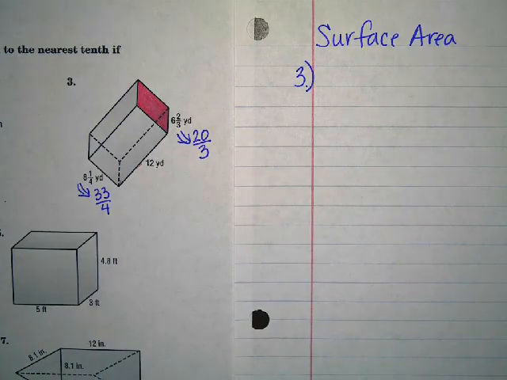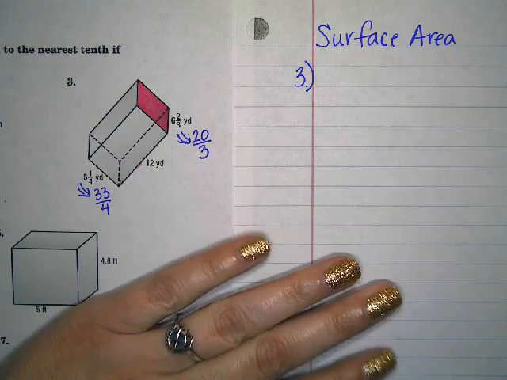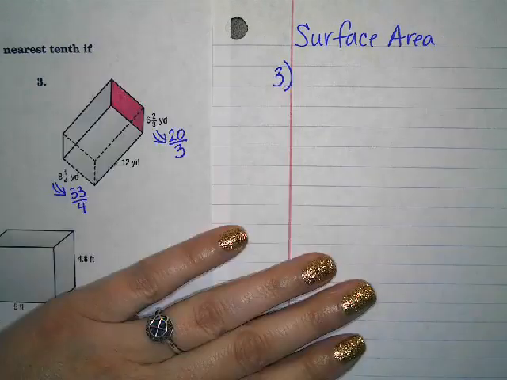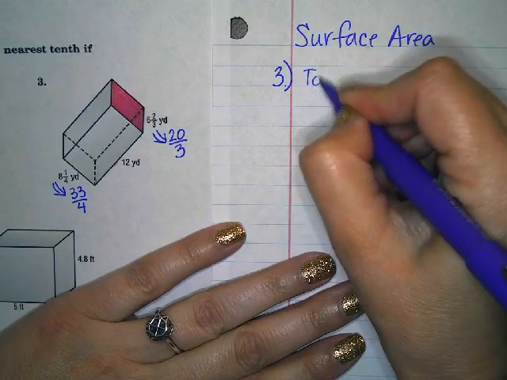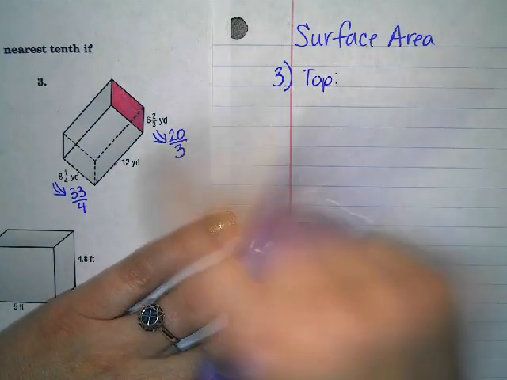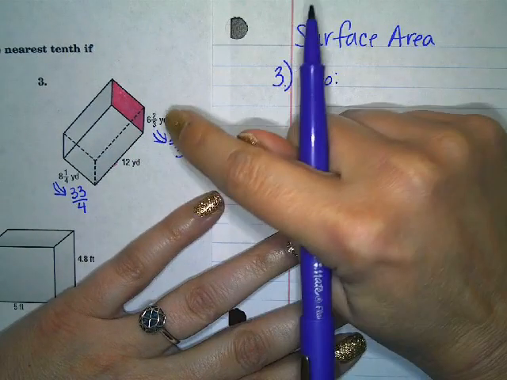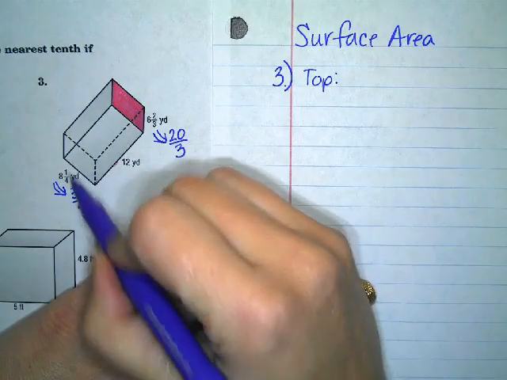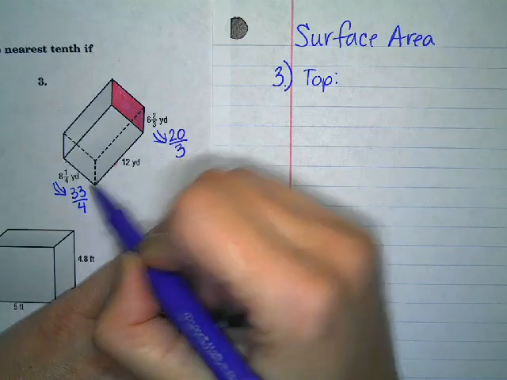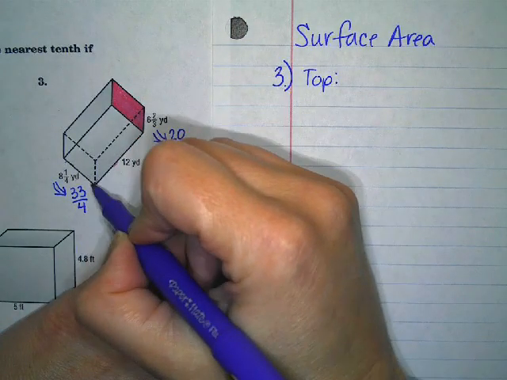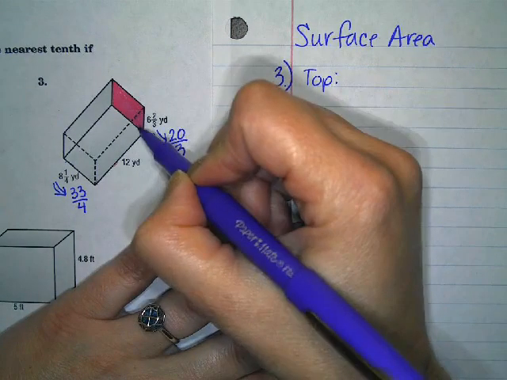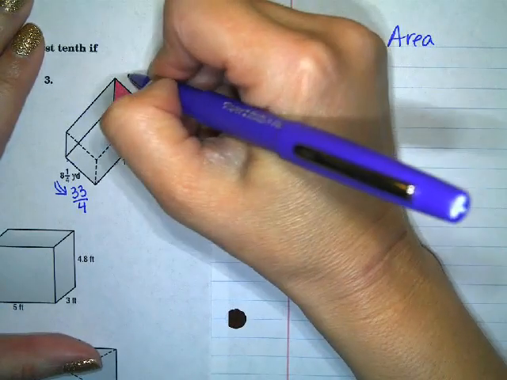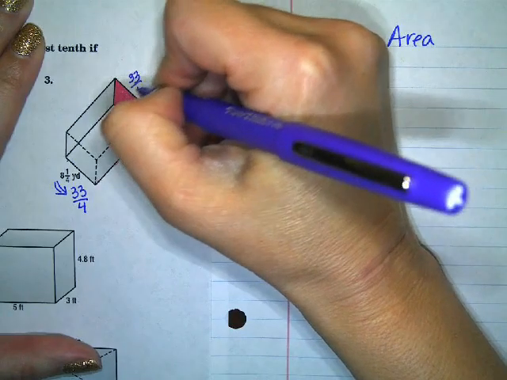Okay, so let's start finding our individual areas and then adding them together. For the top, which we shaded pink, our area is going to be 20 over 3 times 33 over 4, because this length here is the same as this one and the same as this one. So this length is also 33 over 4.